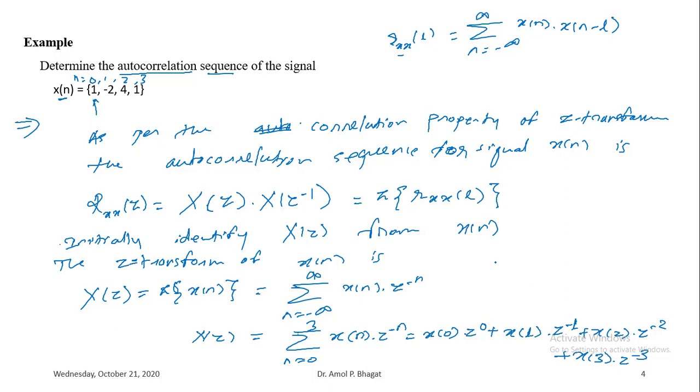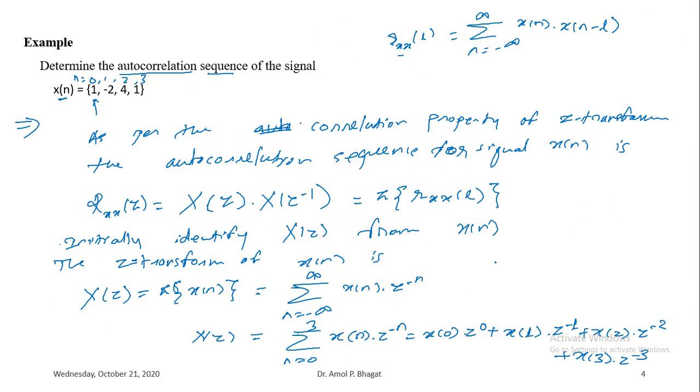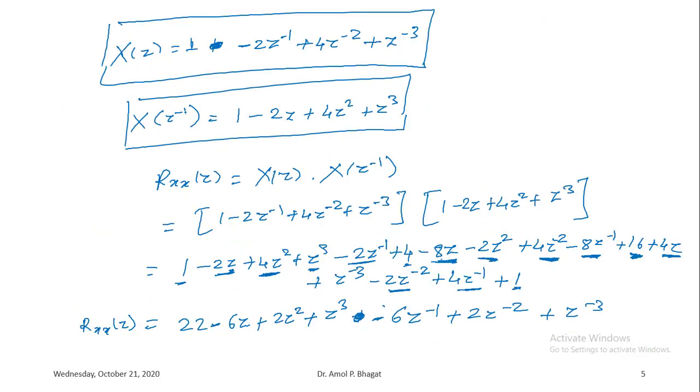So in this correlation property, we are saying x1 of n and x2 of n have the Z transforms x1 of z, x2 of z. Then the correlation of x1 of n and x2 of n in z domain will be the multiplication of x1 of z and x2 of z inverse. And we determined this autocorrelation sequence of x of n signal by using this correlation property of Z transform.